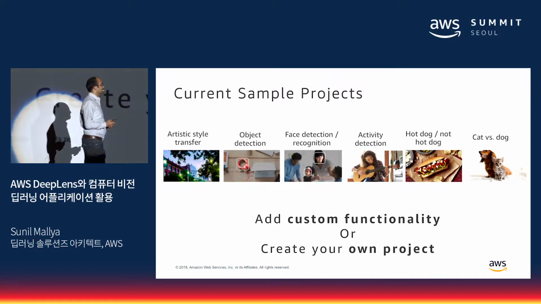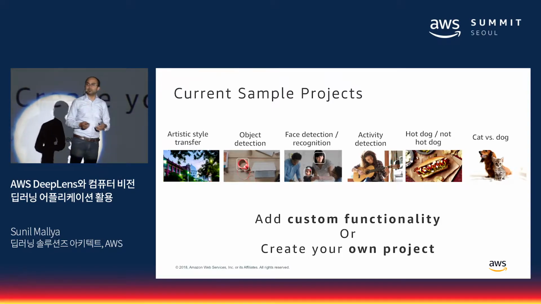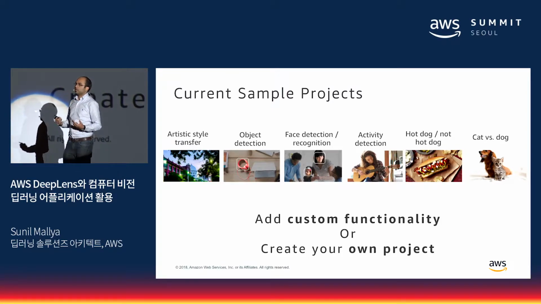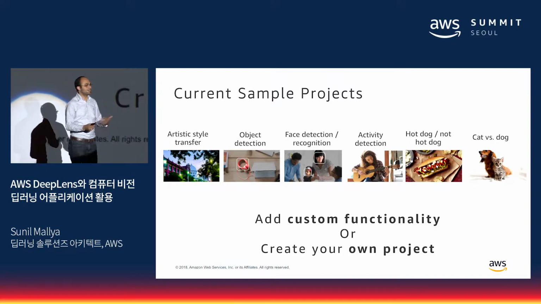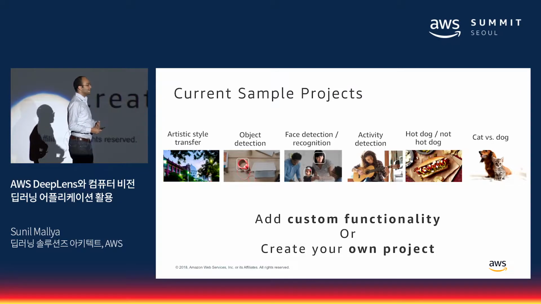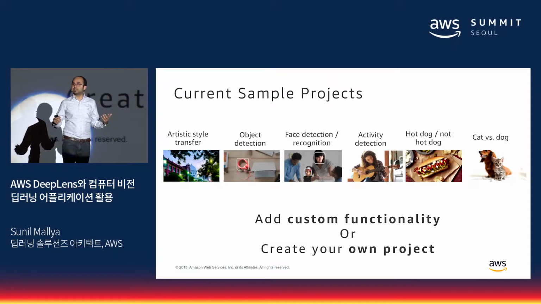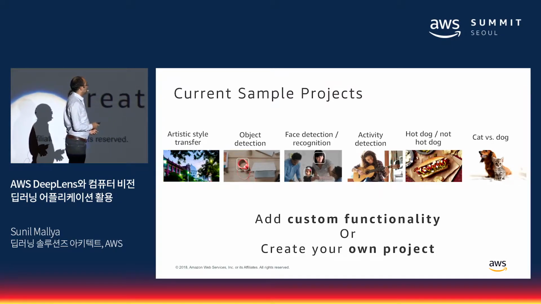It identifies. If you're familiar with the popular show Silicon Valley, there's a whole episode where a person builds the hot dog app. You can actually, in less than 10 minutes, build that app yourself.